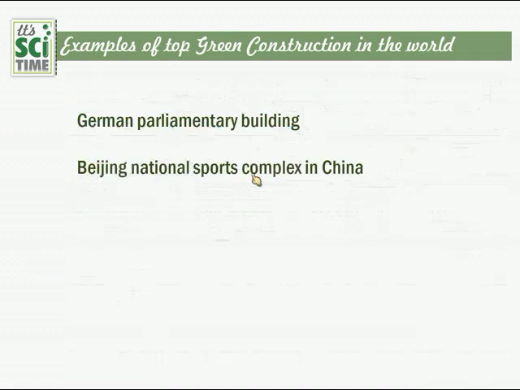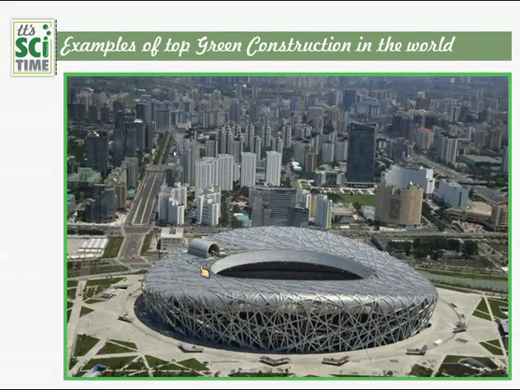Second one, the Beijing National Sport Complex in China. It was built about 20 years ago, and see this plan. This model was taken from a bird's nest. Therefore, we call this ground the bird nest ground. And recycled steel is used for this whole construction.